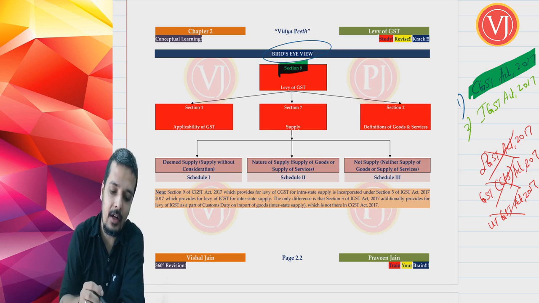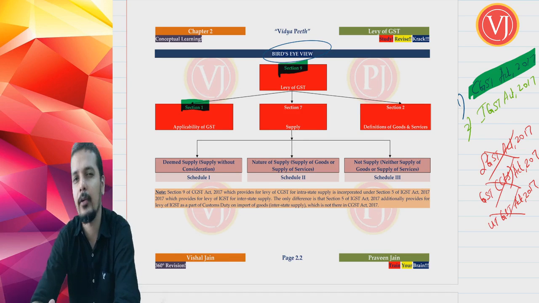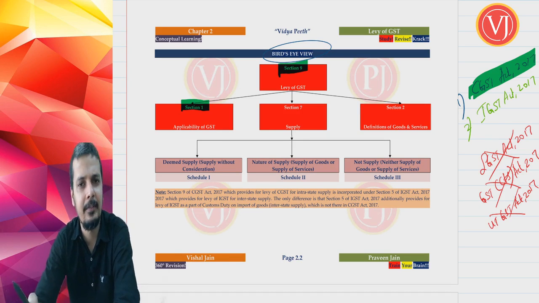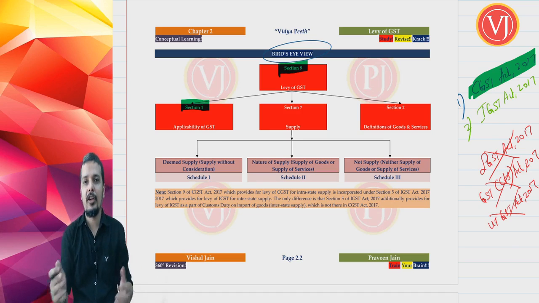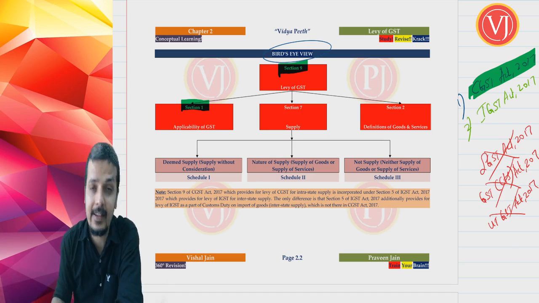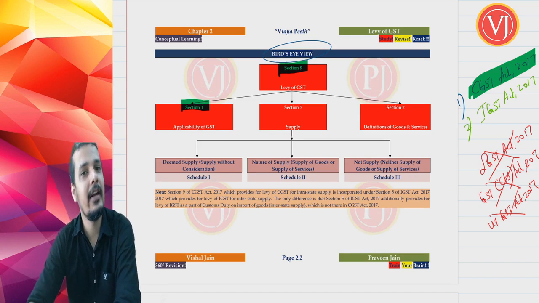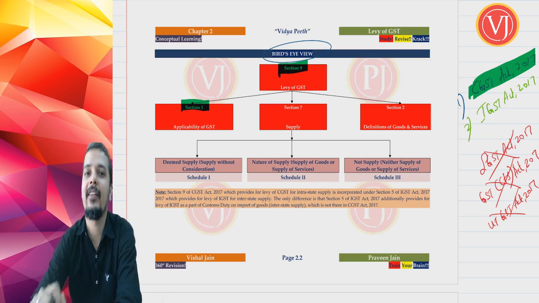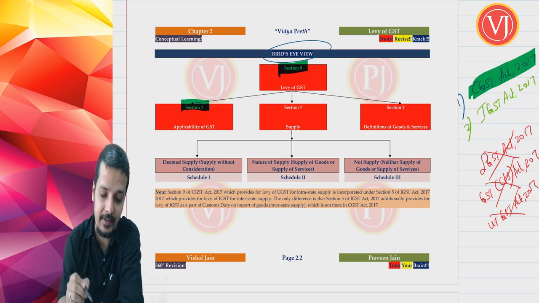And the other sections that we are going to discuss: section 1, which talks about the applicability of GST, that the GST Act is applicable throughout India, including the state of Jammu and Kashmir, etc. First, we will see the applicability, whether it is applicable even to Jammu and Kashmir. The answer for that is obviously yes. We have discussed already that Jammu and Kashmir, though it was a latecomer, did accept GST provisions with effect from 8th July 2017.